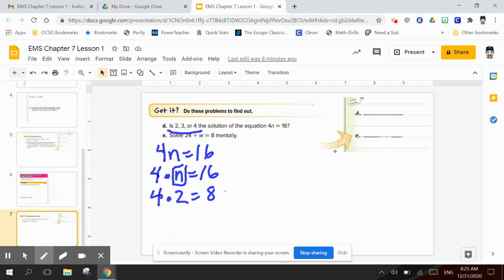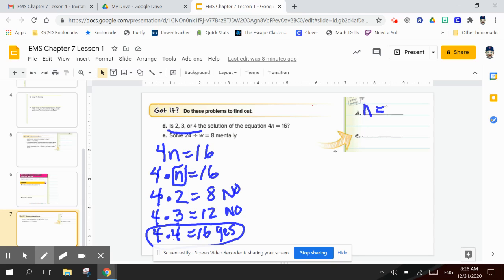Is 8 equal to 16? No. I try 3. 4 times 3 equals 12. Does that equal 16? No. So let's try the last one, which is 4. 4 times 4 equals 16. Yes. So 4 is our value for n. n equals 4.